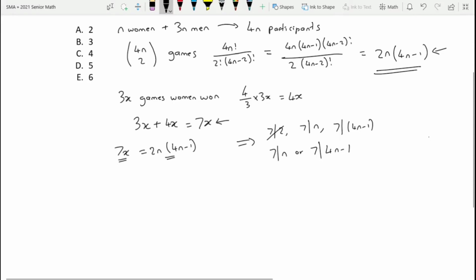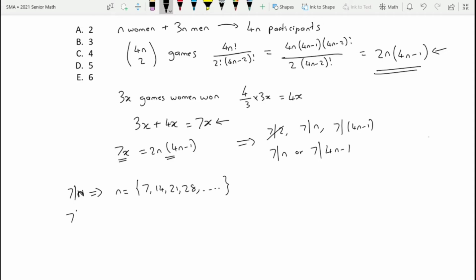So if 7 divides n, the possible values of n are going to be 7, 14, 21, 28, and so on. If 7 divides n, that means that n has to be one of these.